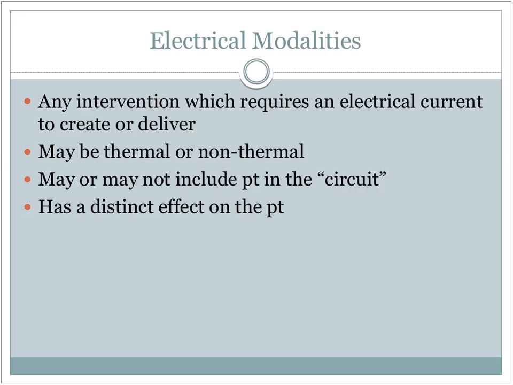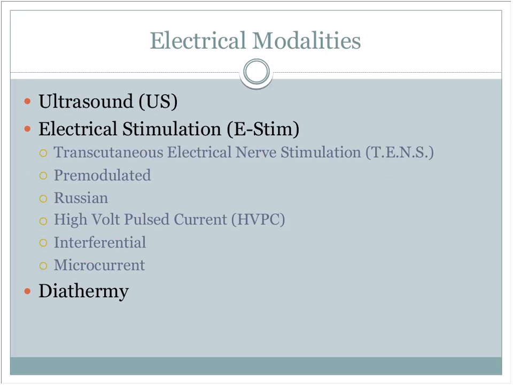So one of the things we need to have is sort of a common language when we're talking about electrical modalities. What we usually refer to in our electrical modality usage will be ultrasound, certainly, and electrical stimulation. Well, electrical stimulation actually comes through in multiple types. Sometimes people refer to E-stim thinking about only muscle contraction, but really any delivery of current through electricity, through electrodes, to stimulate some sort of response is electrical stimulation.